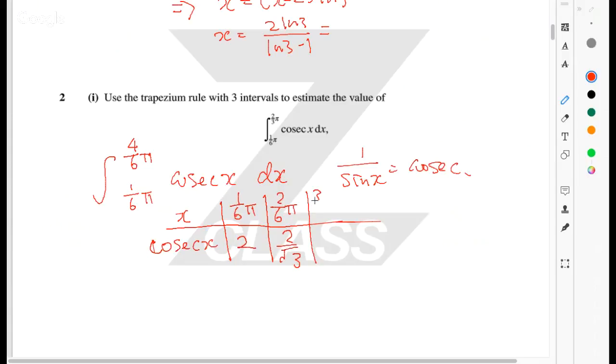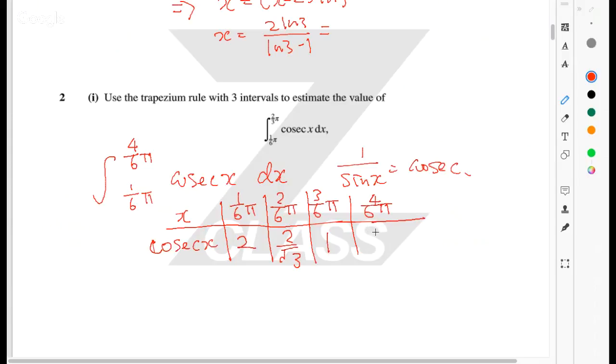Now we have 3 over 6 pi, and that's just a half pi. Sine half pi is 1, so cosec half pi is 1 as well. And finally, we have 4 over 6 pi.